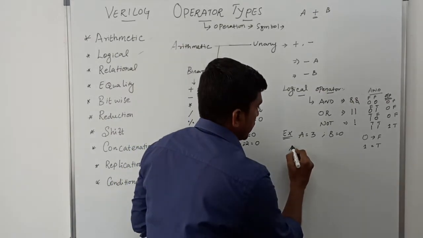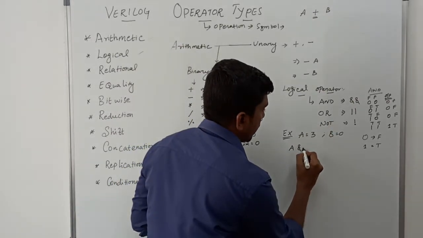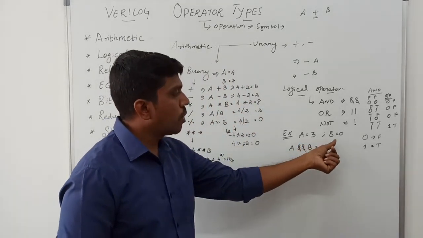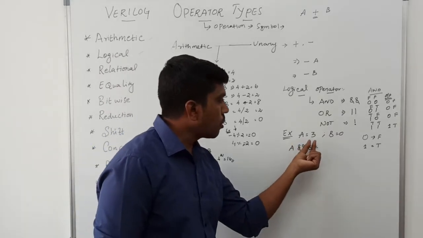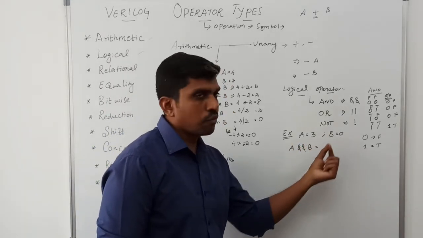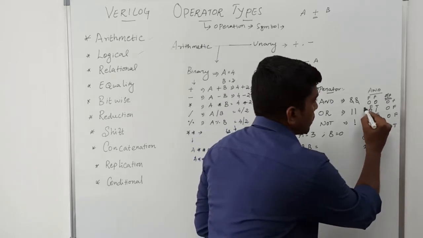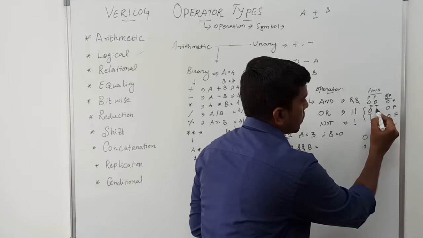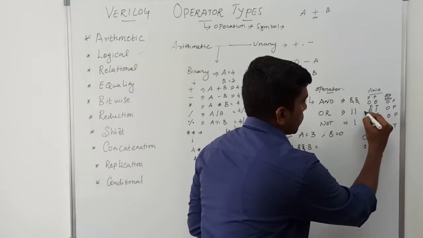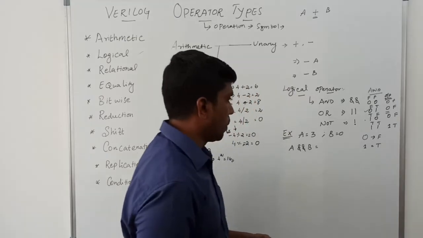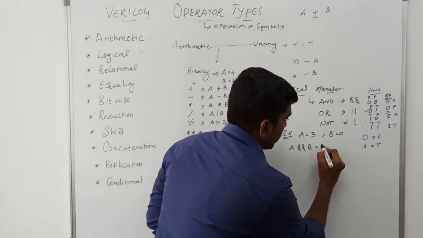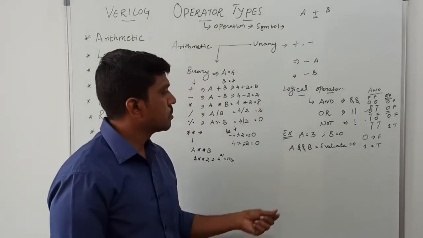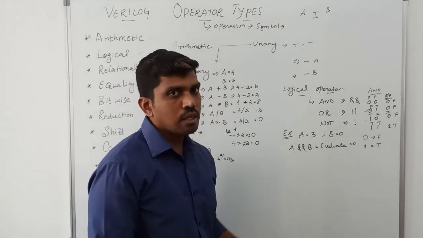You apply the AND operation on A and B. One operand is true and one operand is false, so in this case the result is false. In this AND operation, the result is 0.